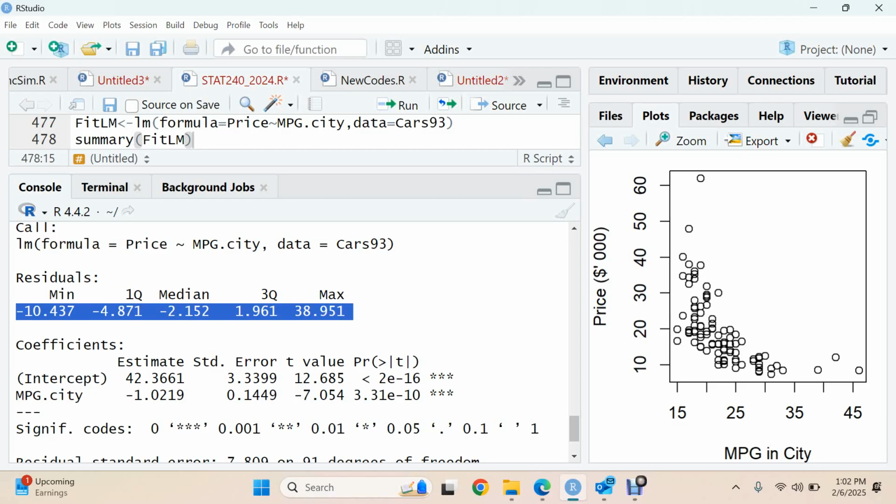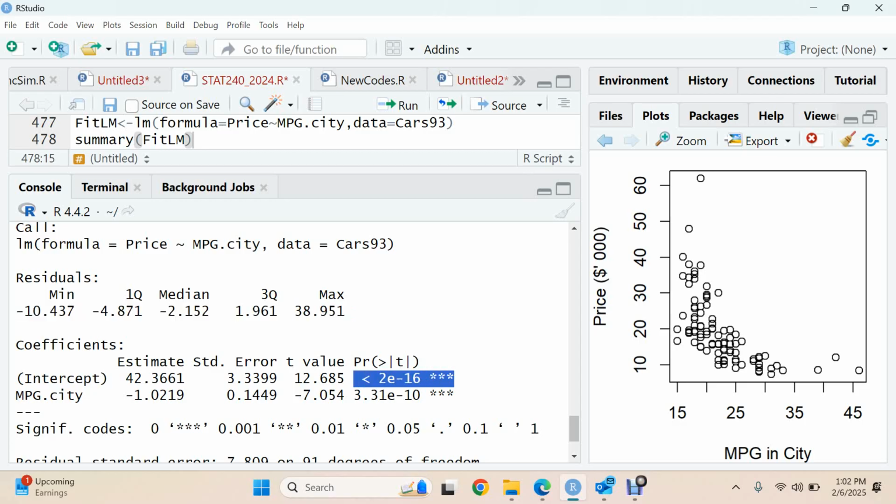So here, should we include the intercept? In other words, is beta 0 not equal to 0? Well, the p-value is very small, so what do you do? You reject H0, which means the intercept should be maintained. It's actually significant. Is everybody okay with this? Good.